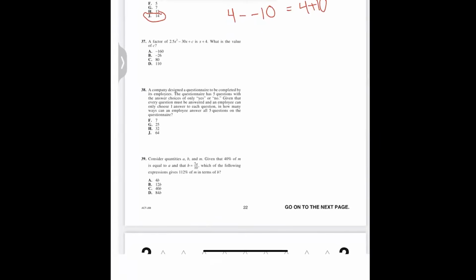37 is this formula here. What is the value of c? So this is where it gets to be a little bit annoying, but not terrible. So you have this formula right here. We know that one of the factors that we are pulling out of x squared minus 30x plus c, if you're foiling this, they're saying that x plus 4 is going to be one of the options here.